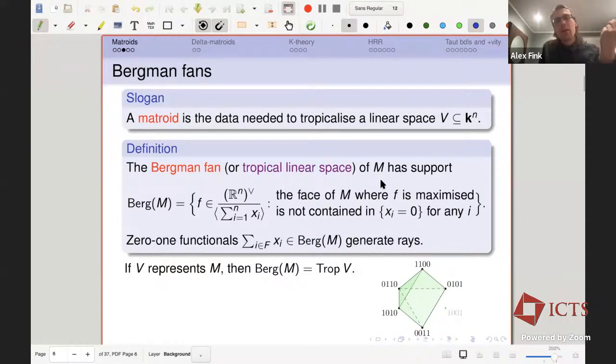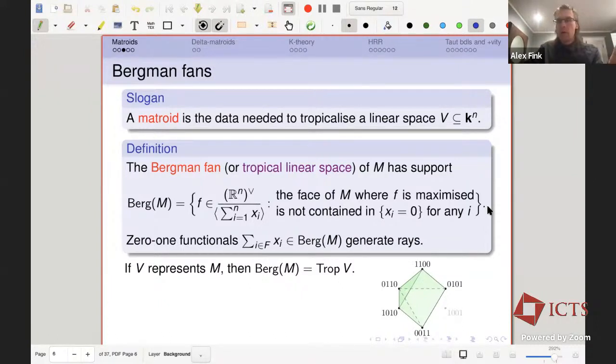How do you get it? Well, it lives in the dual space to the matroid, which is a polytope. It has a lineality space, which is this all ones direction. I've written it as the sum of all the xi, that's the all ones direction. So I mod that out. Once I mod that out, here's the support of the fan. The support of the fan is a certain part of the normal fan of the matroid.